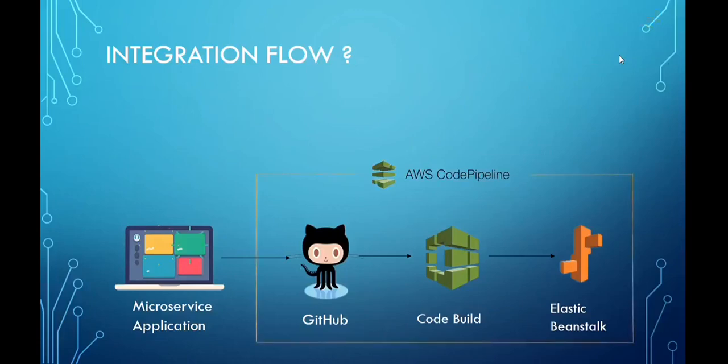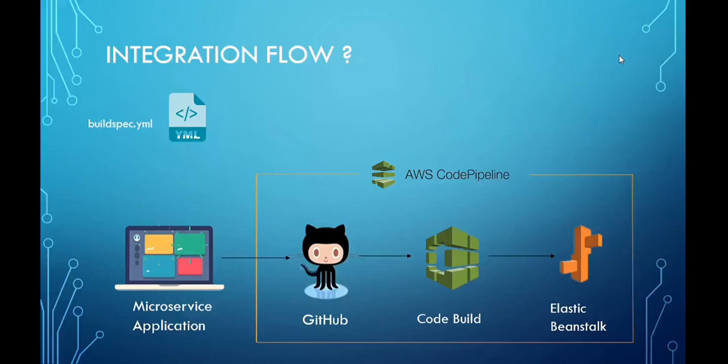But how do we know how to build that particular application? For this, the application developer creates a new file called buildspec.yml. Before pushing the code to CodePipeline, the developer creates this buildspec.yml file in the application and then uploads it to GitHub.